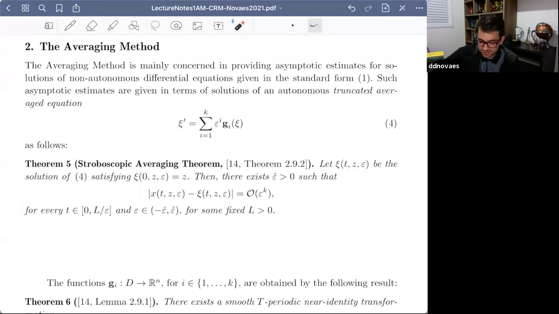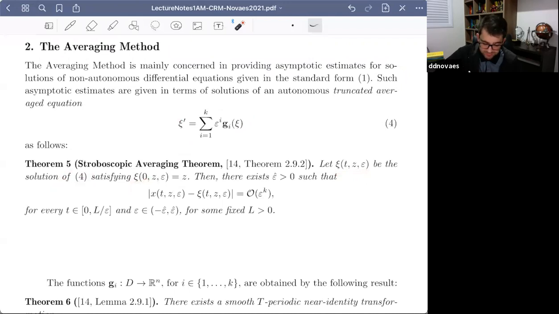Let ϕ be the solution of equation 4 satisfying the initial condition ϕ(0, z, ε) = z.